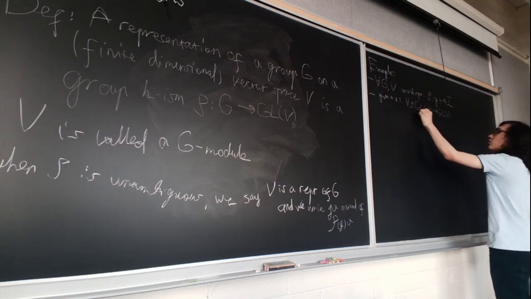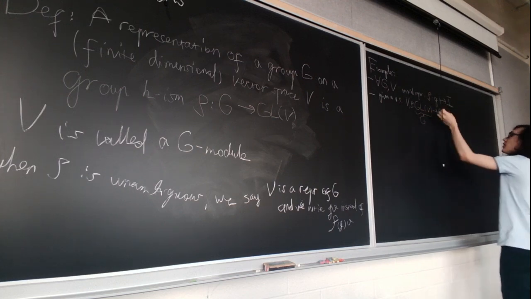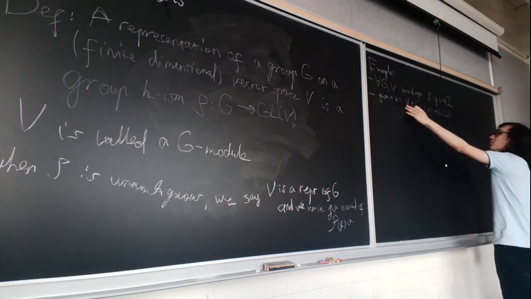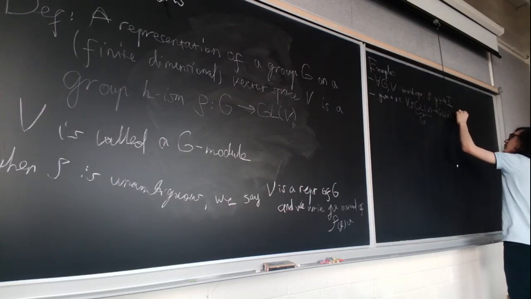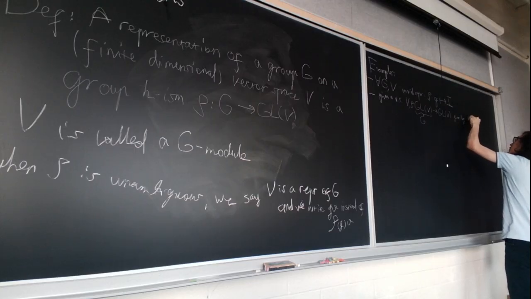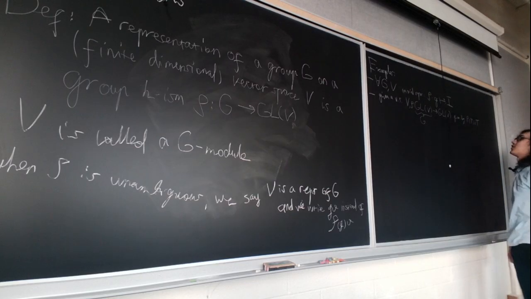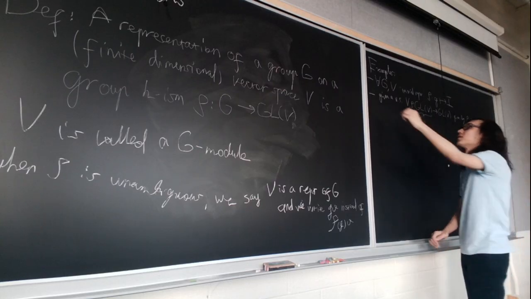So this is our group, GL of V, given by rho of T equals T. So in this case, rho is the identity.